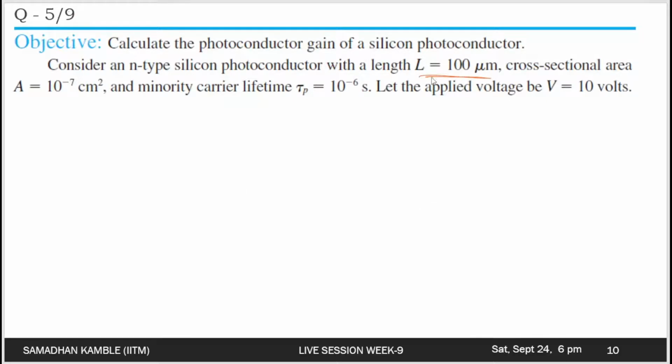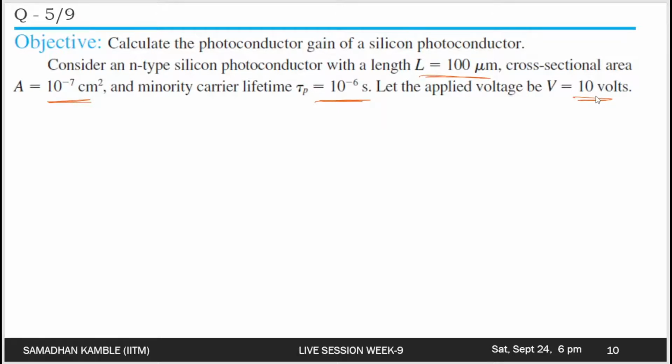The cross-sectional area is given as 10 to the power minus 7 centimeters squared, and the minority carrier lifetime is 10 to the power minus 6 seconds, that is 1 microsecond. Let the applied voltage be 10 volts. Based on these parameters, we need to find the photoconductor gain.